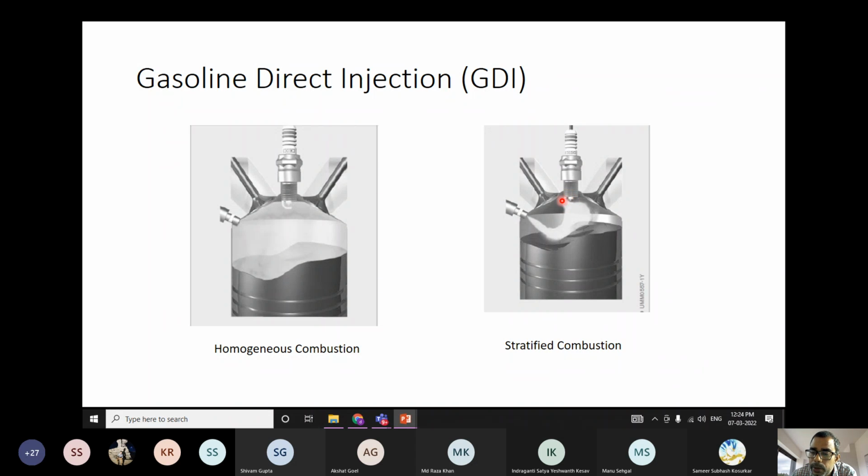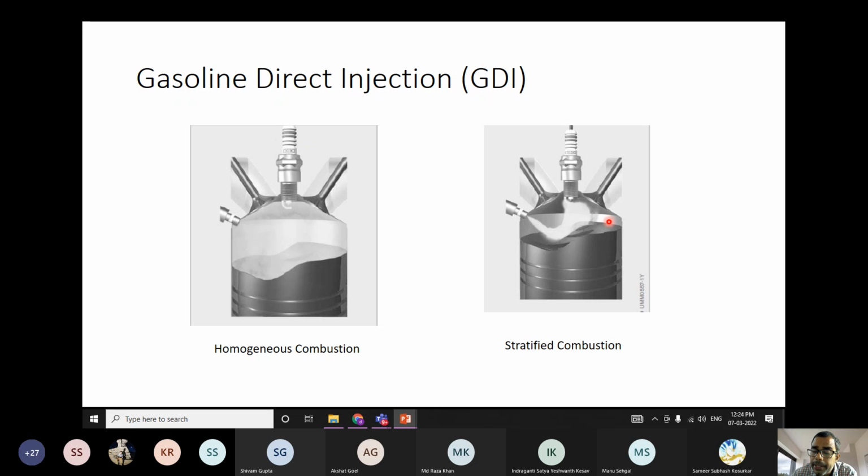At that time a spark is created and the combustion takes place. So the air fuel mixture near the spark plug is almost stoichiometric, and the remaining zone of the combustion chamber is a very lean mixture, or there is even no fuel.